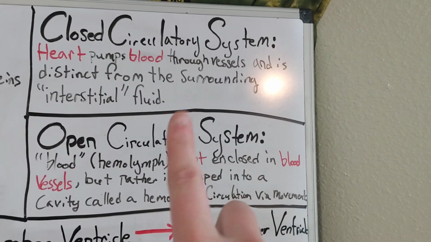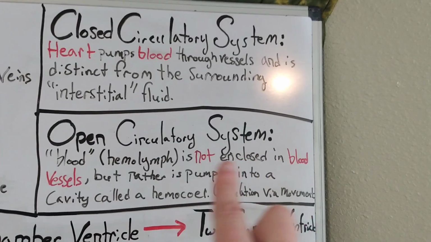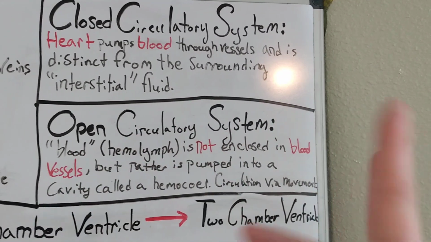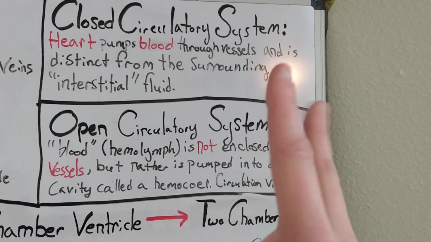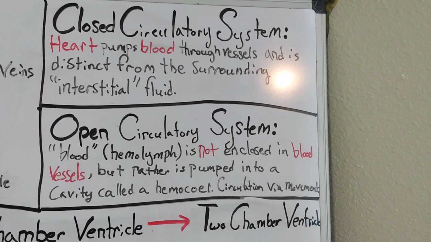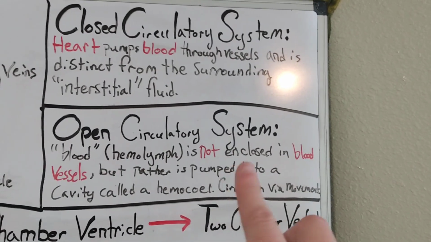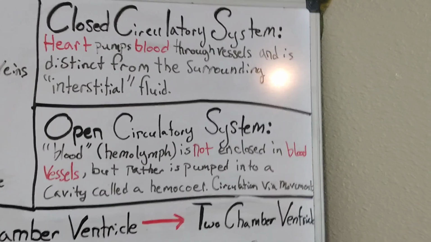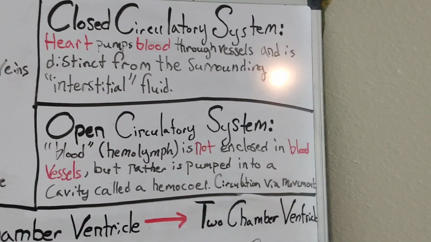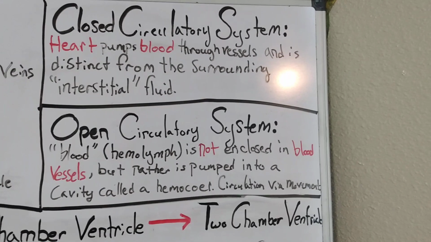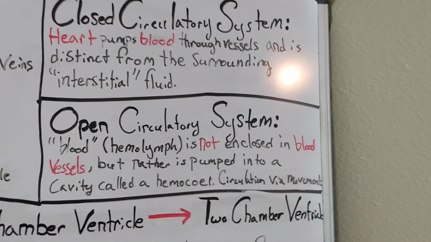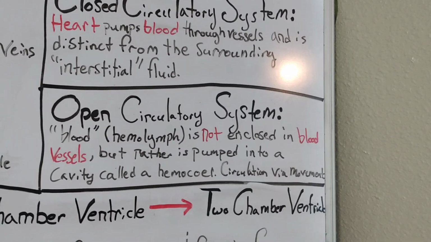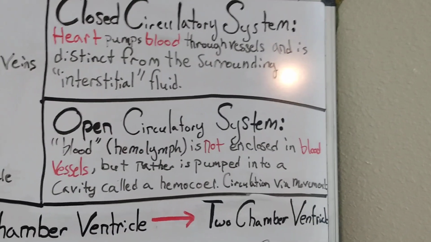This is in contrast to an open circulatory system, where blood, which in this system would not be called blood, it would be called hemolymph, okay, is not enclosed in blood vessels, but rather is pumped into a cavity called a hemocoel, okay? And it is circulated via movement of the body, so movement of the muscles in the body, rather than an actual physical heart.